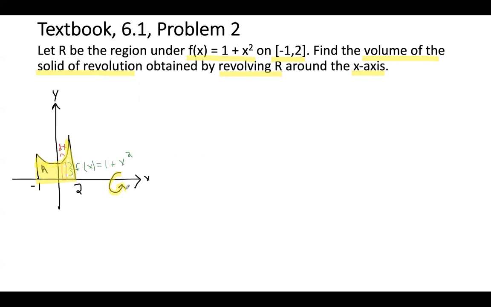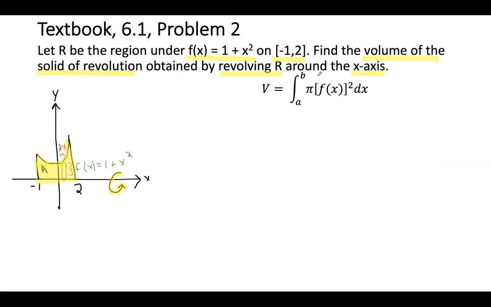Okay, so the first thing we're going to need to do is write the volume equation. On the last slide, I had V equals pi f of x squared dx, and that's the volume of the disk. Here we want the volume of the solid of revolution. So the only thing we add to that equation is our integral from bounds a to b.